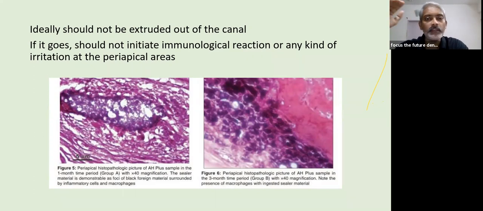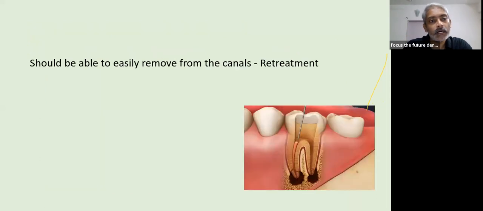It should not initiate any kind of immunological reaction or any kind of irritation at the periapical areas. So it is always important that your root canal material should be an inert material which is highly biocompatible. It should not cause any irritation to the periapical tissues if it gets unintentionally extruded out of the canal. That is the second requirement.